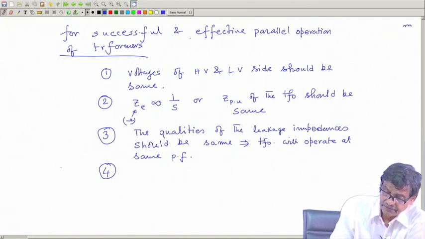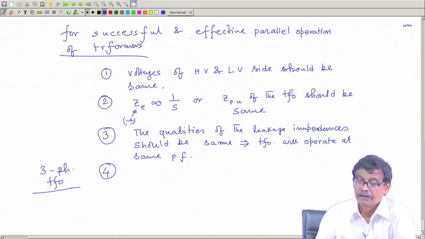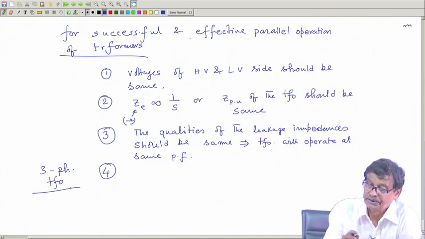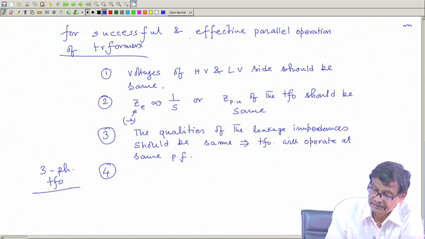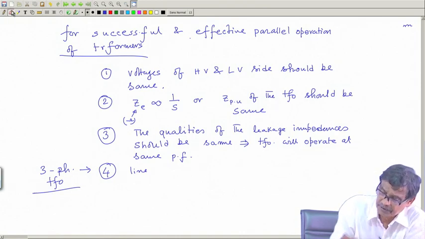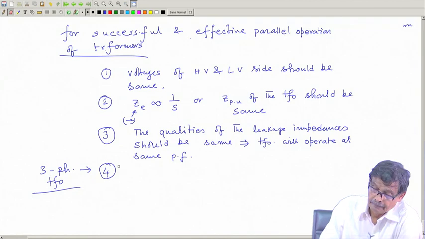4th is for 3-phase transformer. The only thing is we will say that line voltages, because after all voltage of HV side, LV side same, because line voltage of 3-phase transformer, that is how it is specified.